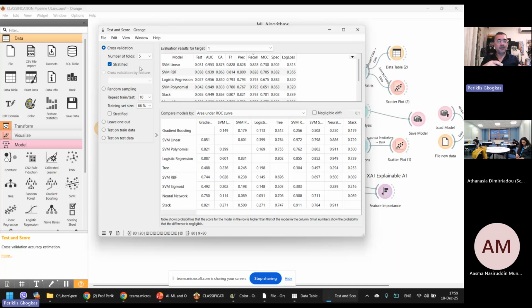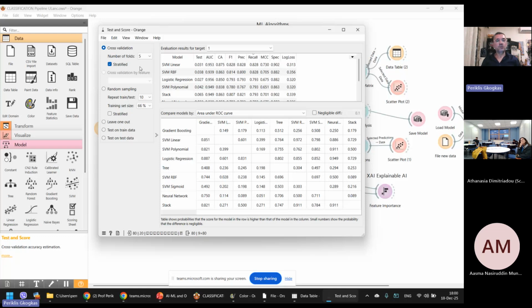So 80 divided by 5, it means that we have 5 folds with 16 observations for each one of the folds. I think your professor, Nancy, will explain to you better. She's going to have more time to explain why we perform cross-validation. Long story short, spoiler alert, we do that so that we do not have overfitting.